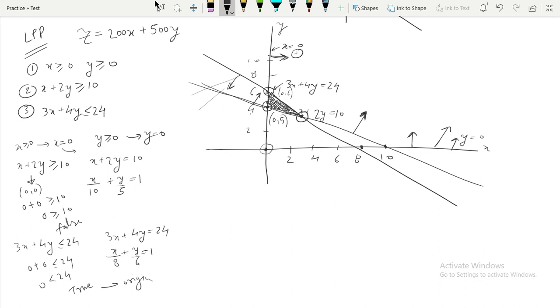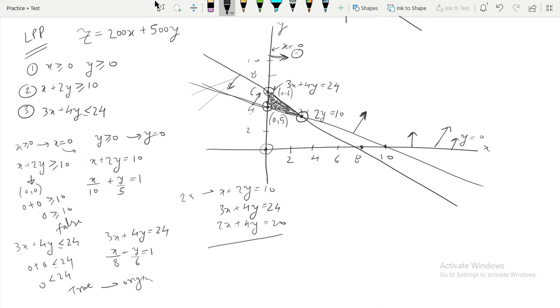For finding this point, it is the intersection of these two lines. If we take these two lines and we are to find the solution, if we multiply this equation by 2, what would we get? 2x plus 4y is 20.